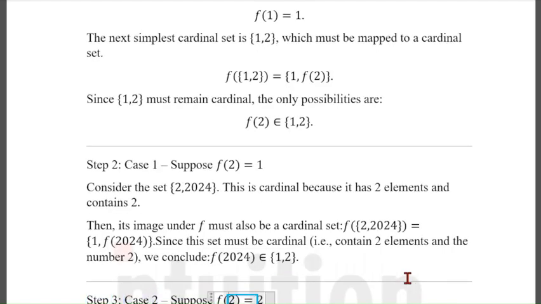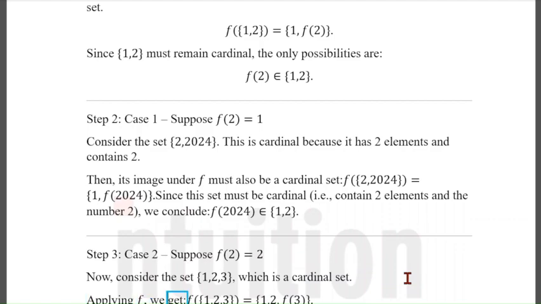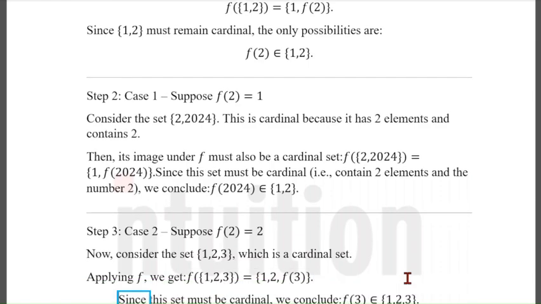Step 3. Case 2. Suppose f(2) = 2. Now consider the set {1, 2, 3}, which is a cardinal set. Applying f, we get f({1, 2, 3}) = {1, 2, f(3)}. Since this set must be cardinal, we conclude f(3) is an element of {1, 2, 3}.